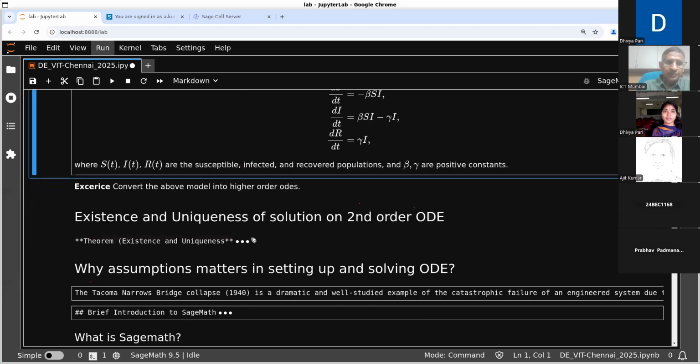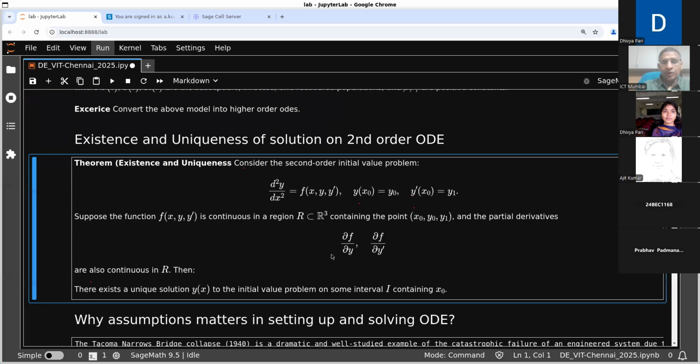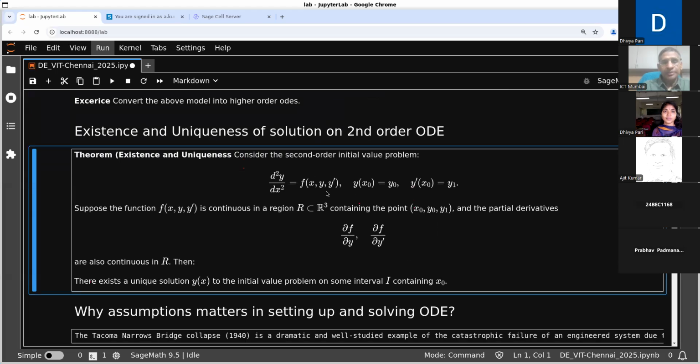Okay, so very easily you can also find the necessary and sufficient condition for a second order ODE, right? So second order ODE, how do you write? y is the dependent variable, depends upon x. So d2y by dx square can be written as a function of x, y, and y dash, right?